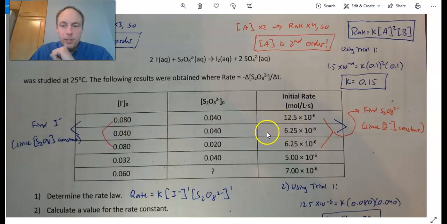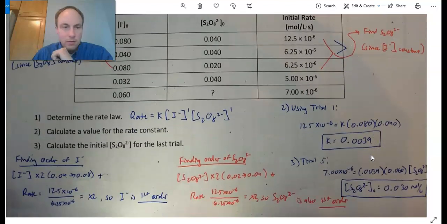Again, that's down here in blue. We double the amount of I-, going from 0.04 to 0.08, and the rate also doubled. Therefore it's first order in I-.